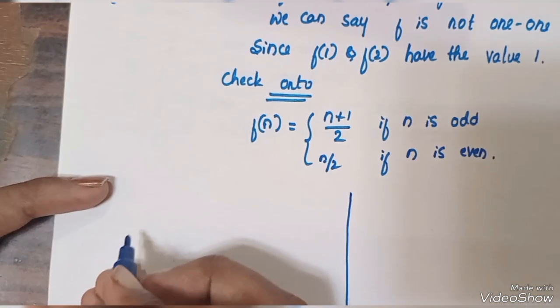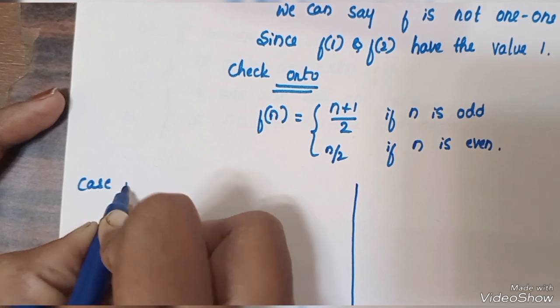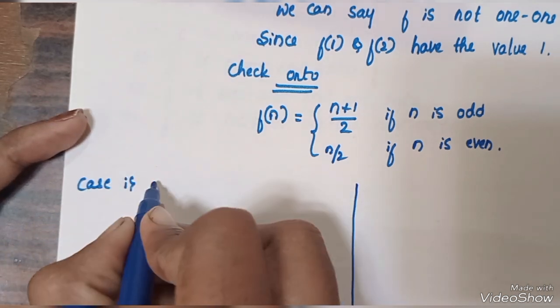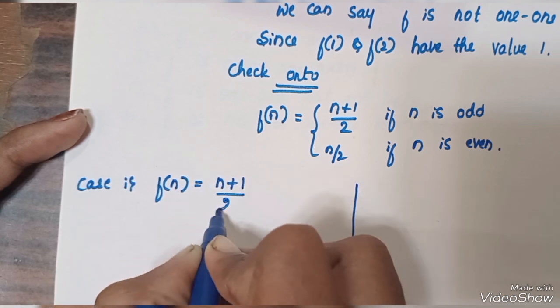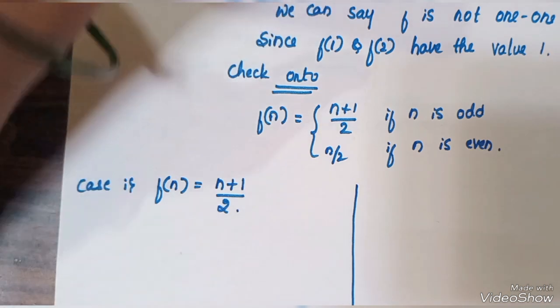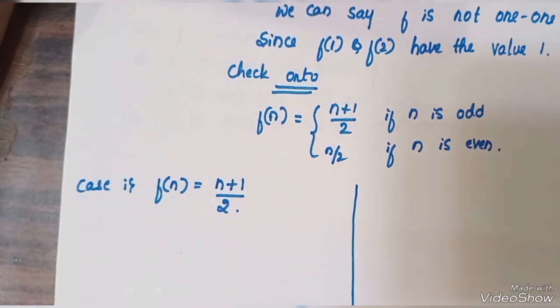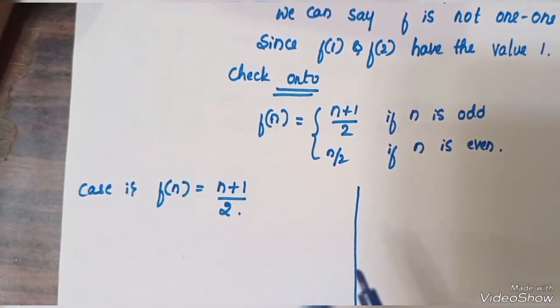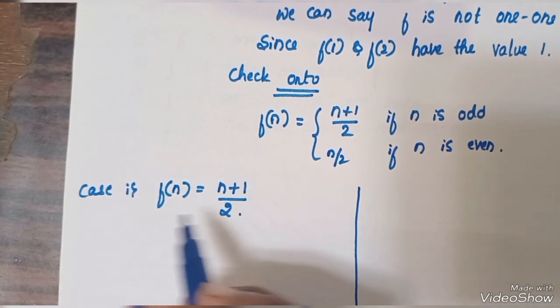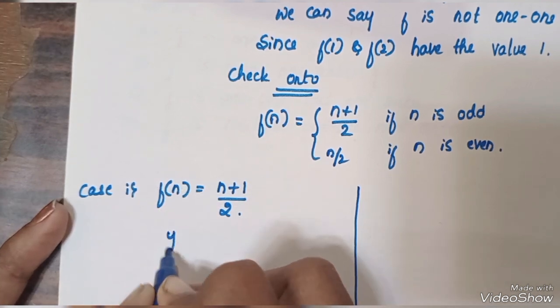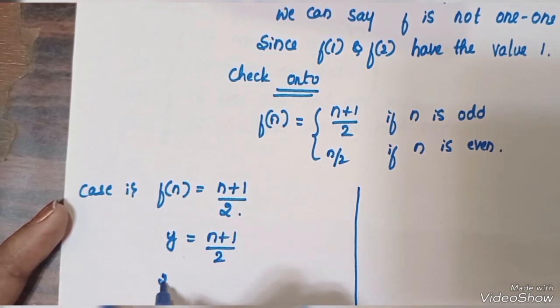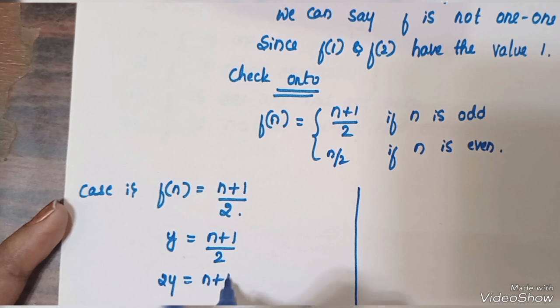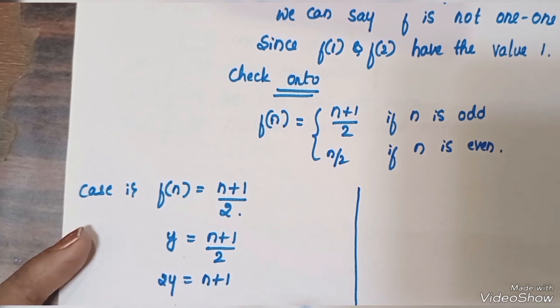Case 1: consider f(n) = (n + 1)/2. Here, other than x, we have taken n, so solve for n. Take f(n) = y = (n + 1)/2. Then 2y = n + 1, so 2y - 1 = n.